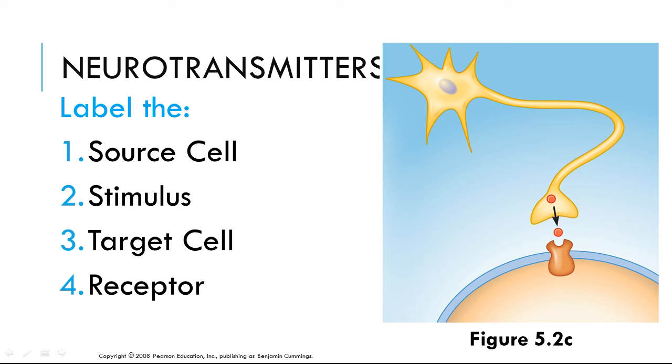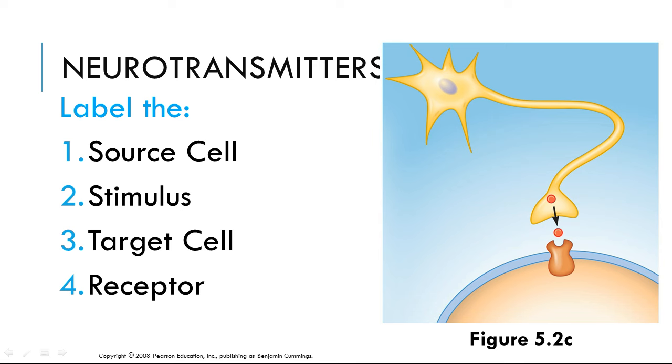So why don't you go ahead and label that interstitial space between the two as the synapse. Again, we will clarify this more in the nervous system, chapter 7 and 8, but we're just introducing it right now.